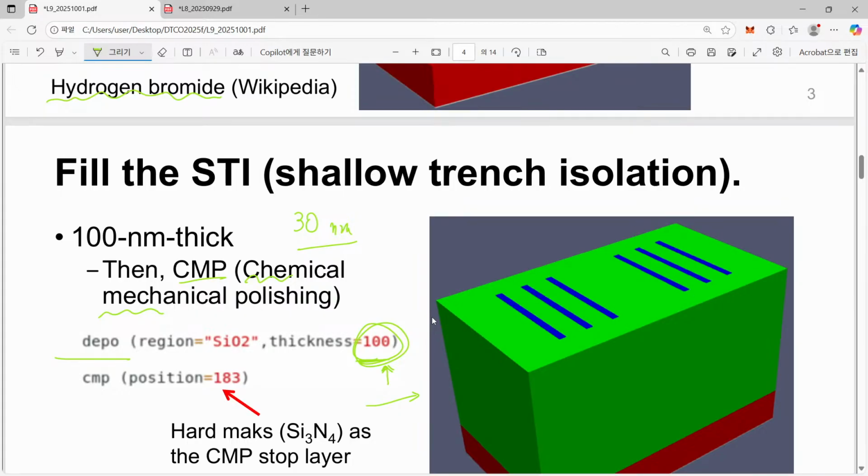Simply speaking, we introduce something called a slurry, and a slurry is something like sand, in some sense, with very fine grains in it. And we introduce a rotating structure, and it is slowly, very slowly grinding our structure from the top.